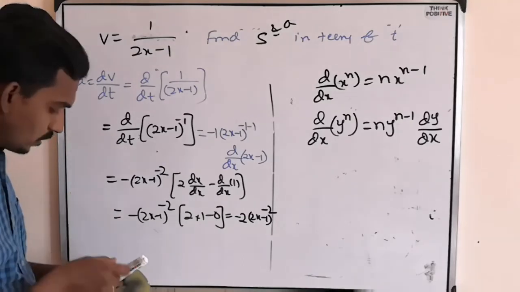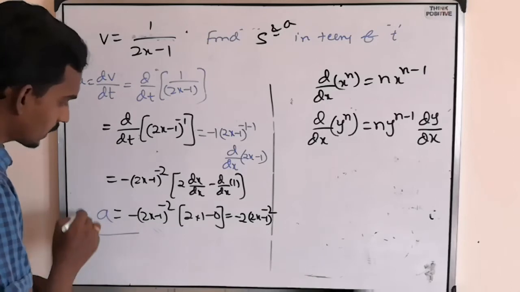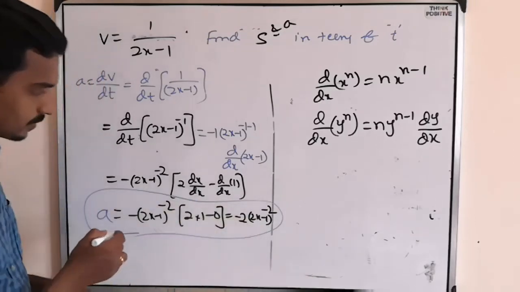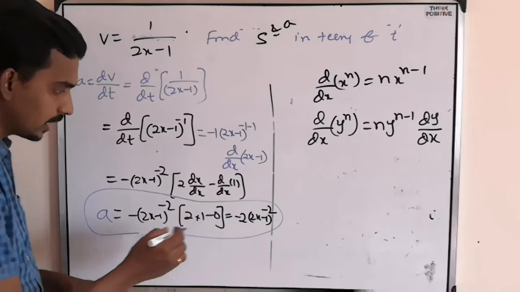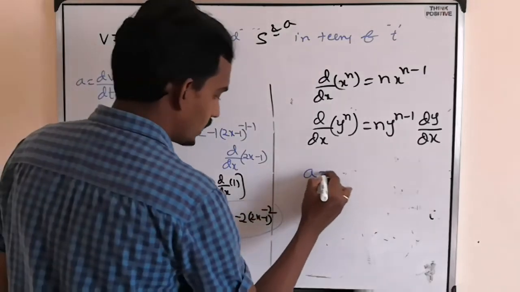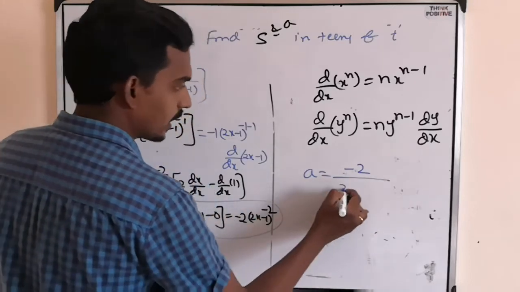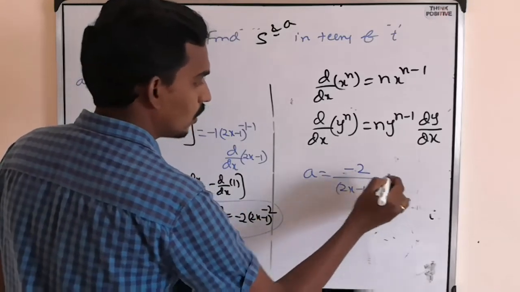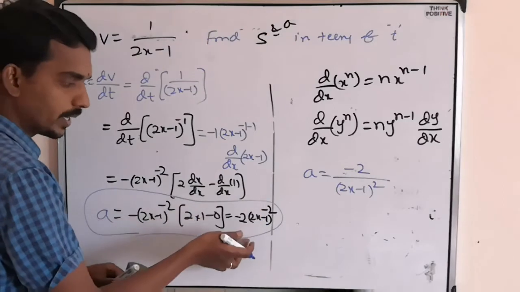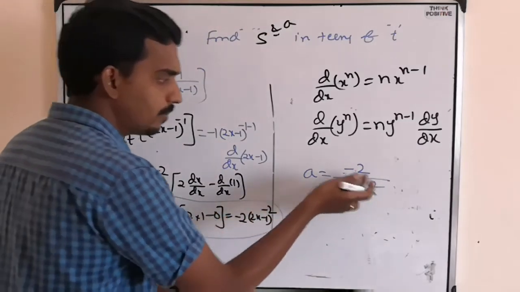So now you got the equation for acceleration in terms of x. So minus 2 by 2x minus 1 whole square; I brought it to the denominator, so the power became plus.